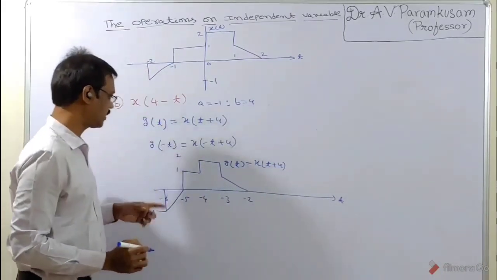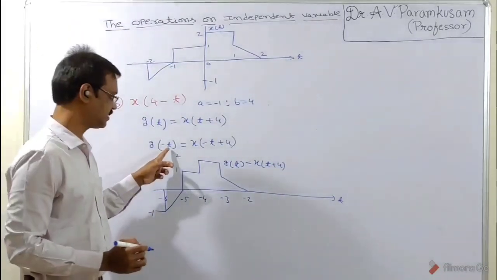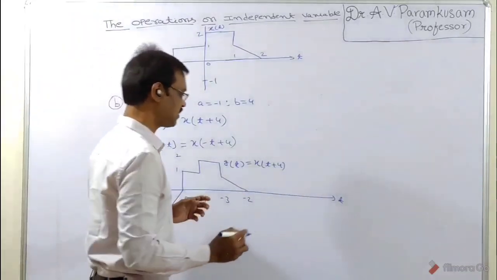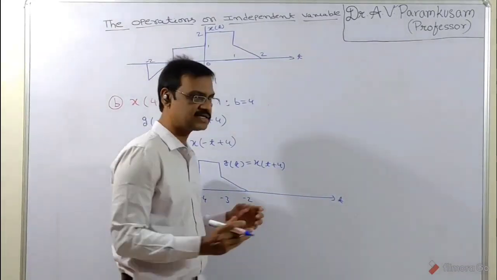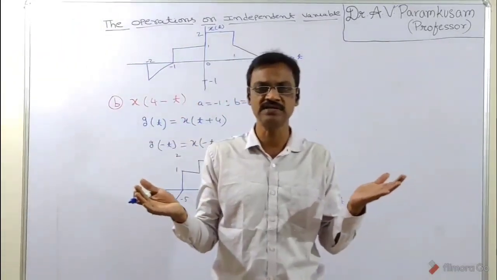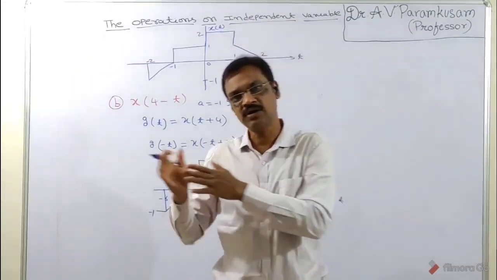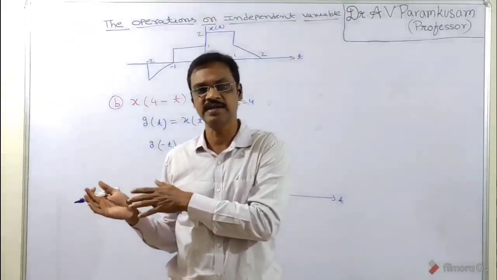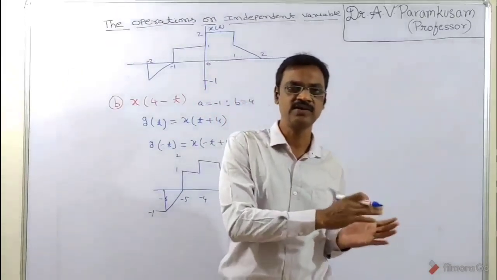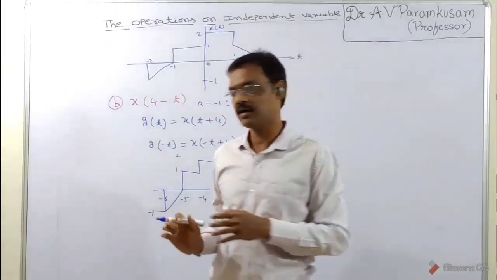Now we have to get the g of minus t. How do you get g of minus t? By simply folding the signal about the y-axis. Then whatever the signal values are on the right side appear on the left side, and the values on the left side appear on the right side.